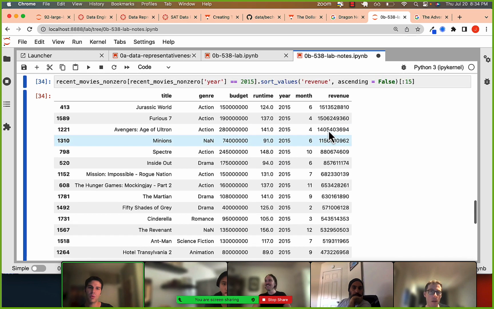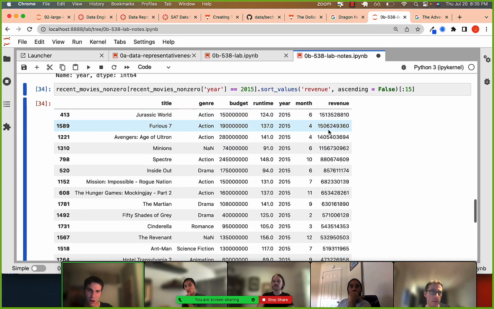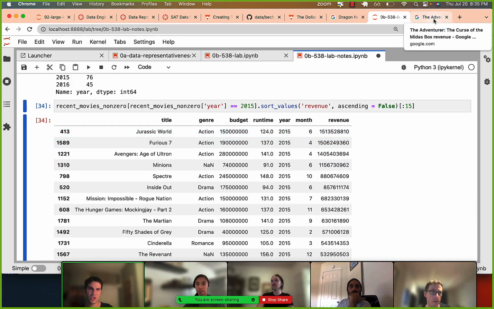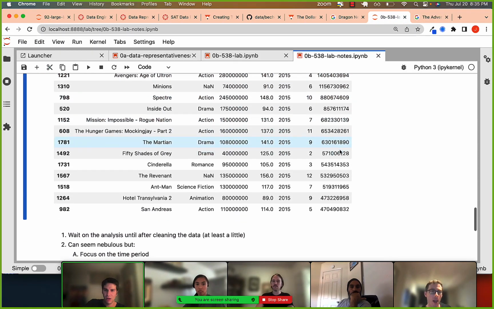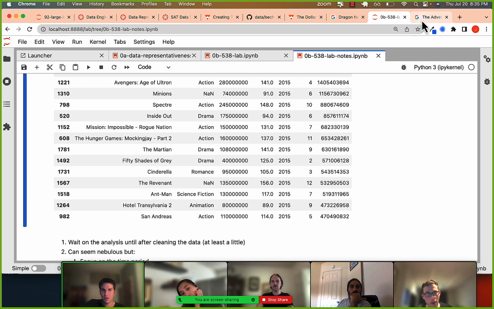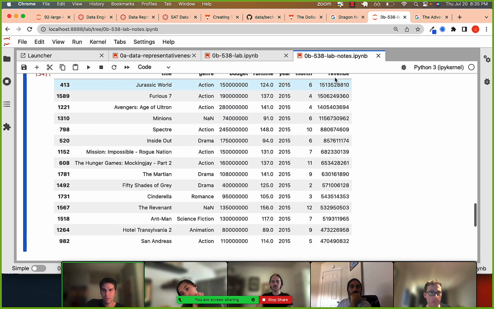So this is kind of what I wound up with. I would probably just scrape the data myself, honestly, rather than use this data set, and use Pandas read HTML to quickly scrape some data.